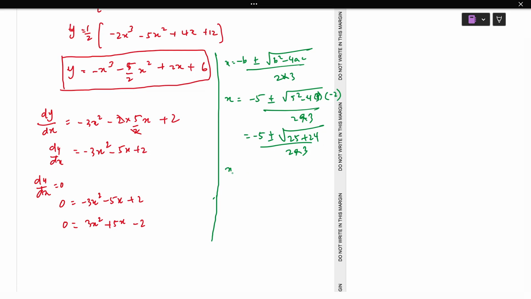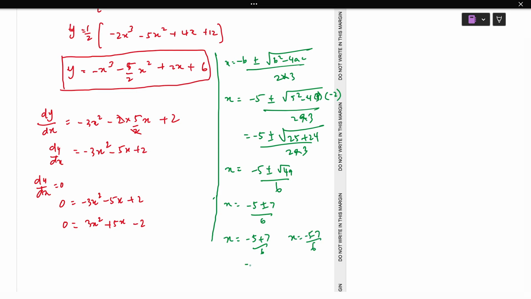Okay, so x equal to minus 5 plus or minus square root of 49 over 6. So x equal to minus 5 plus or minus 7 over 6. So x equal to minus 5 plus 7 over 6, and x equal to minus 5 minus 7 over 6.